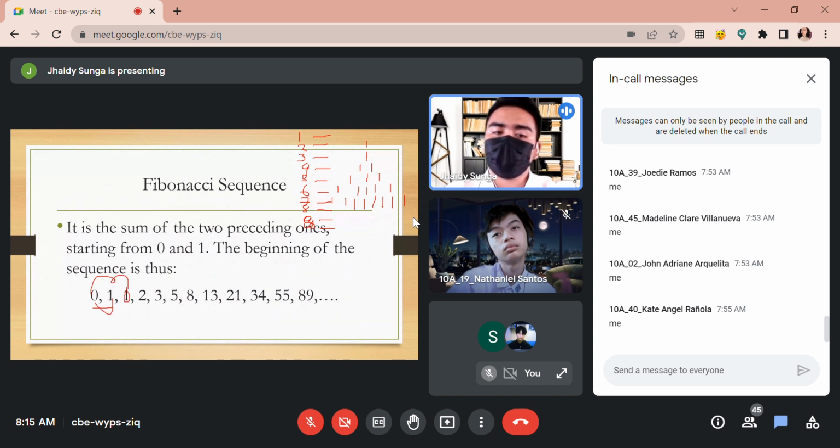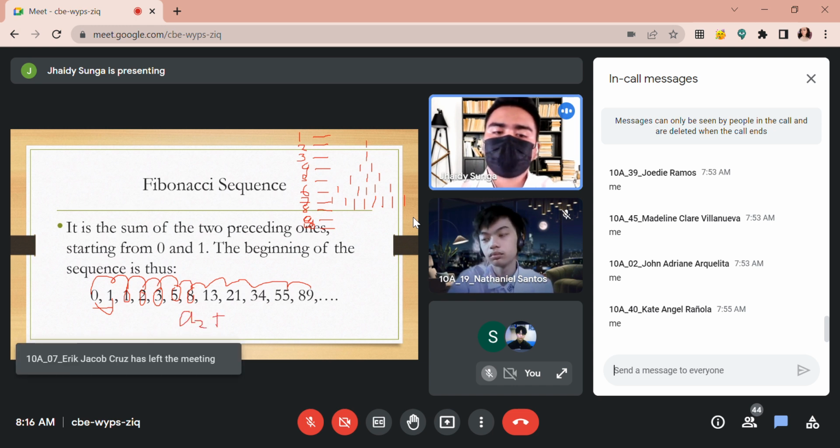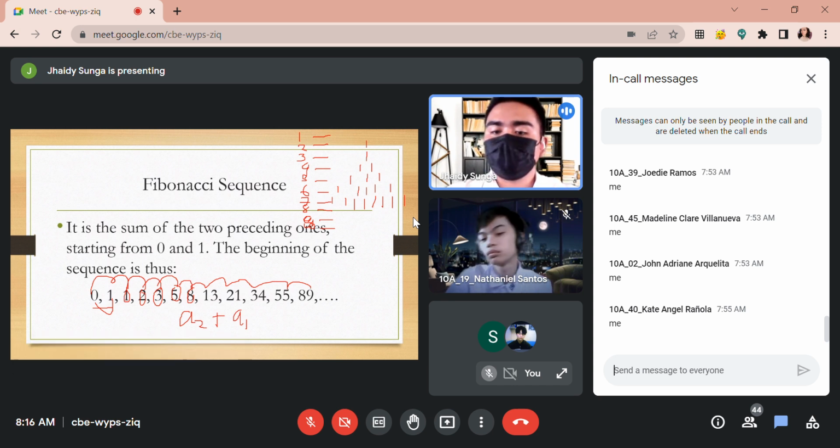So 1 plus 1, we have 2. 2 plus 1, that's why we have 3. 3 plus 2, that's why we have 5. 5 plus 3, we have 8, and so on. You will notice the pattern is in there. So it's simply a sub 2 plus a sub 1. Plus, not minus. So we can simply get the pattern by adding the present term to its previous term. So it is very easy.